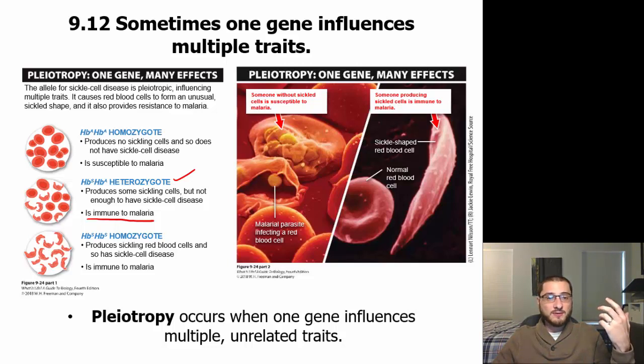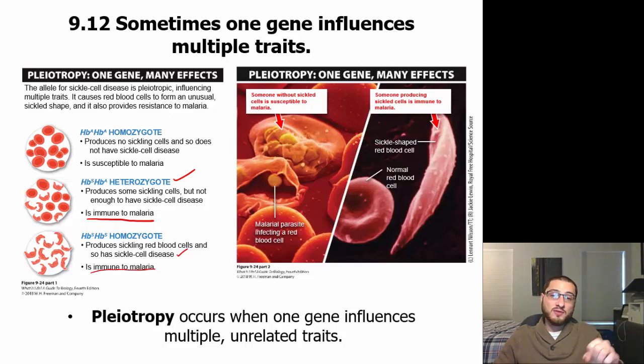But then you have people that are homozygous recessive, homozygous for the sickle cell allele, and it helps them to also be immune to malaria, but it gives them a lot of health conditions where they're going to have trouble breathing, hypoxia, and that's where you hear about people suffering from sickle cell anemia.